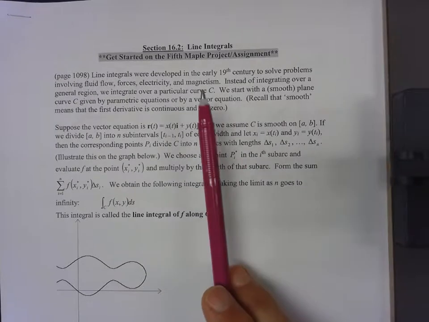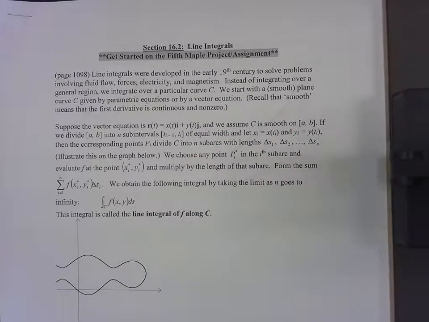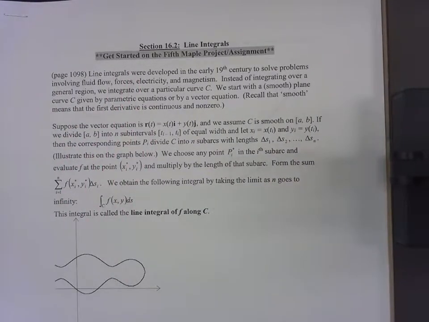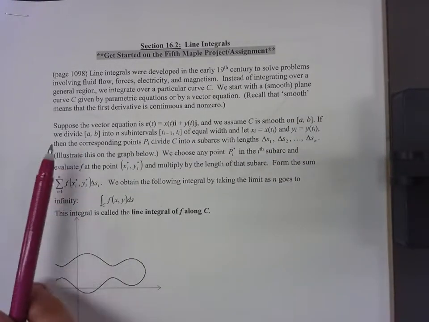Okay, so it says we start with a smooth plane curve C. Remember, smooth just means it's differentiable and the derivative is never zero, given by parametric equations or by a vector equation. Okay, and then that just reminds us of the definition of smooth.